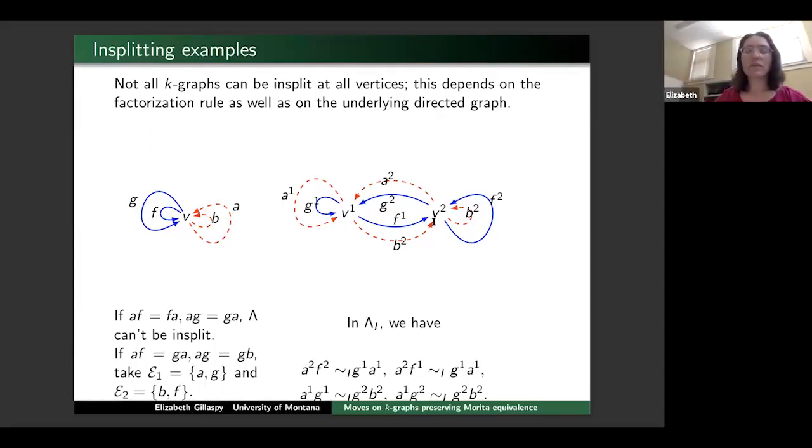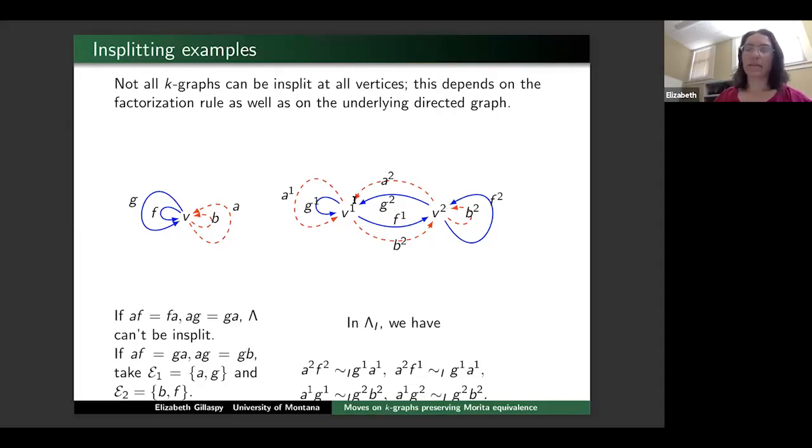Because we split up the E1 and the E2 in this way, we want the factorization in the new graph to be essentially the same as it was in the old graph. So F followed by A should be equivalent to A followed by G. How does that make sense? If I do a blue edge, say F2, then I can follow that by A2.